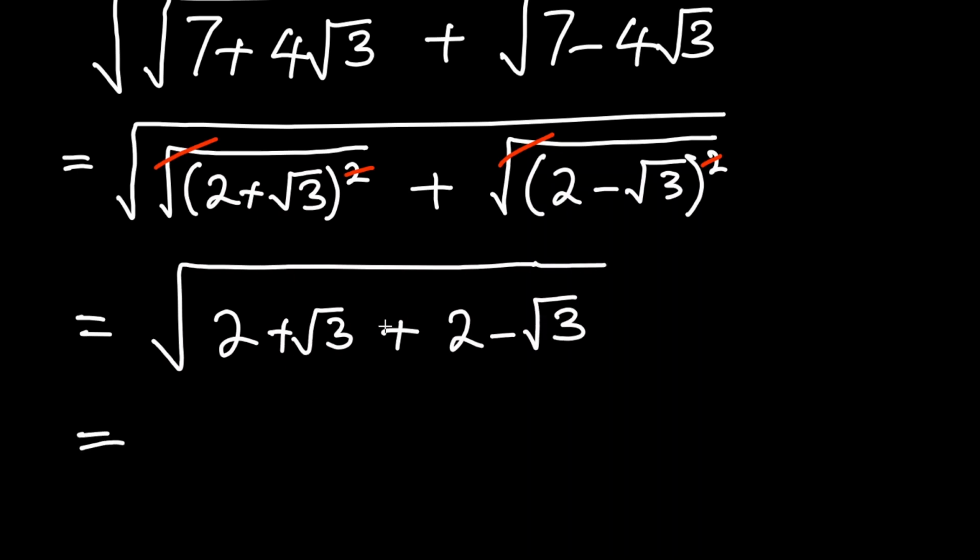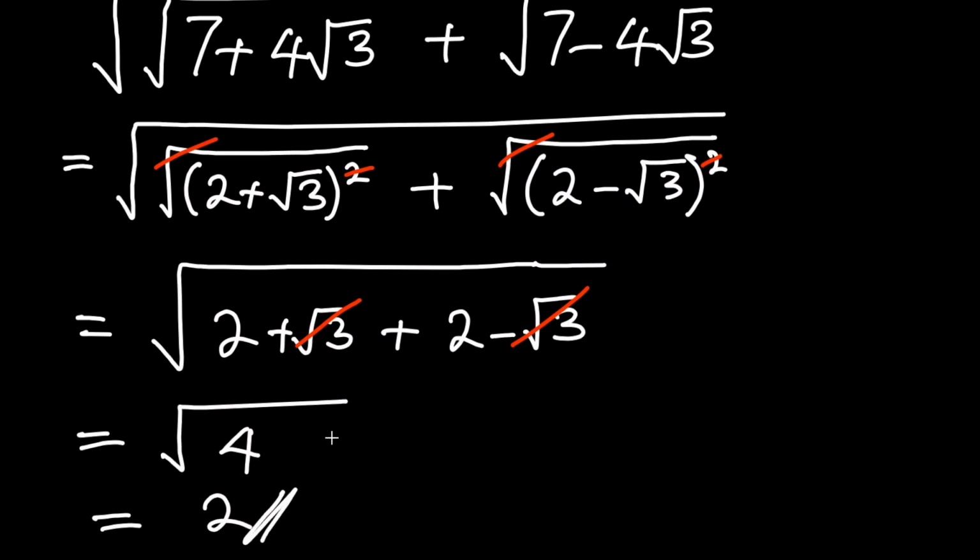The next thing is to simplify this. We have that this is plus 3 and this is minus 3. That goes, and we are left with 2 plus 2, which is 4. And the square root of 4 is 2. So that's how to solve that problem.